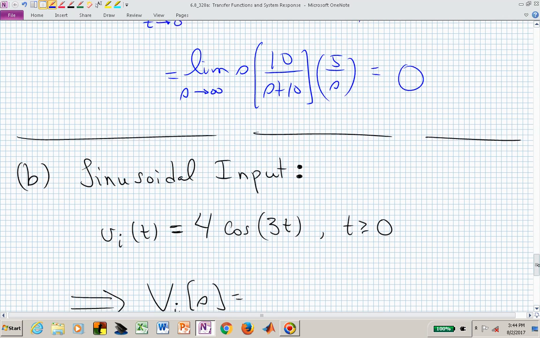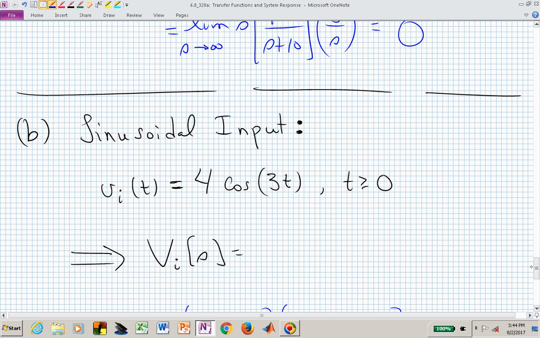Suppose we look at a sinusoidal input. What's the Laplace transform of a cosine, a pure cosine, no exponential damping? We have a weighting of 4, and the cosine is s over s squared plus omega squared.